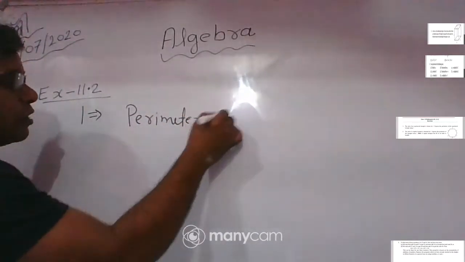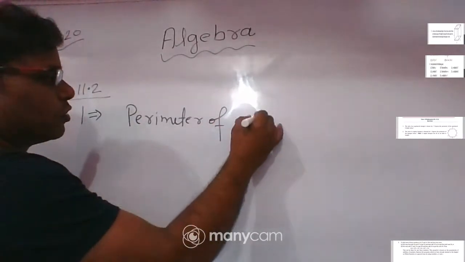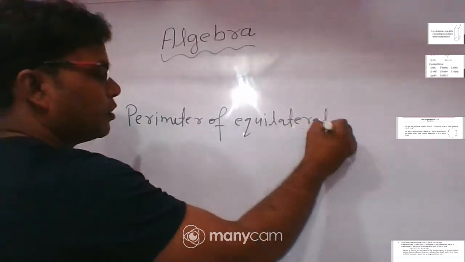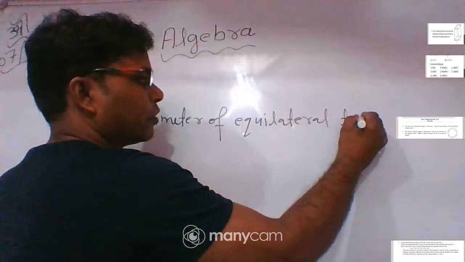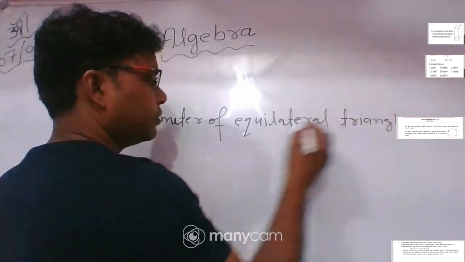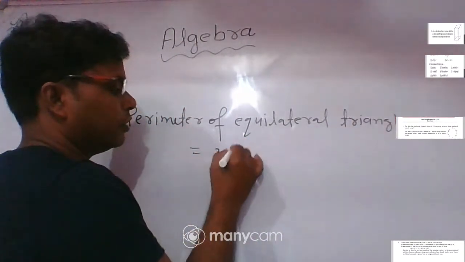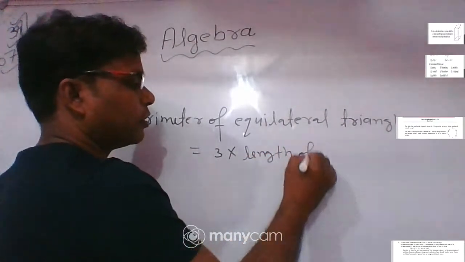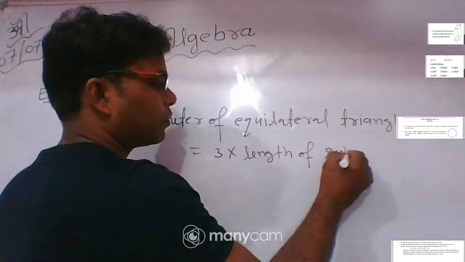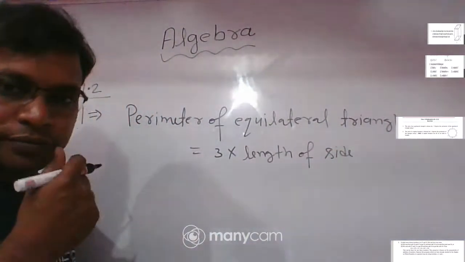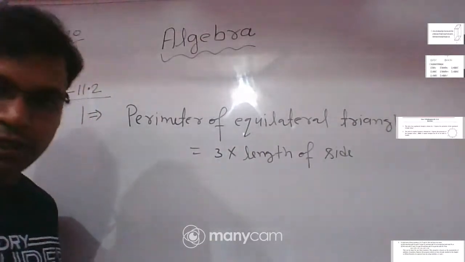Perimeter of equilateral triangle is equal to 3 into length of side. Clear? 3 into length of side.